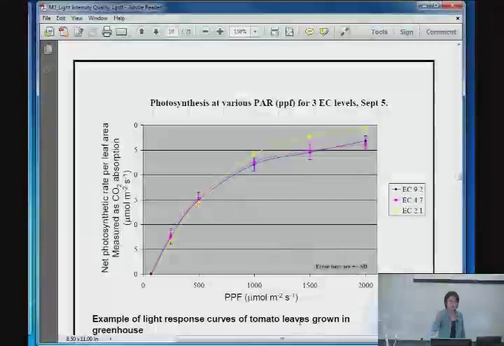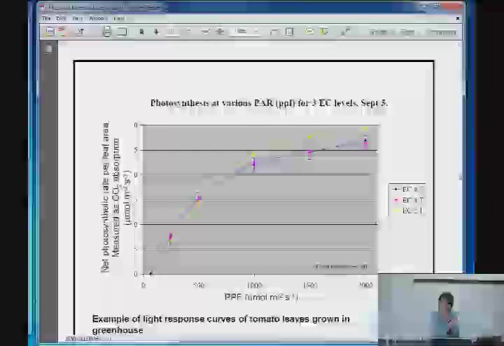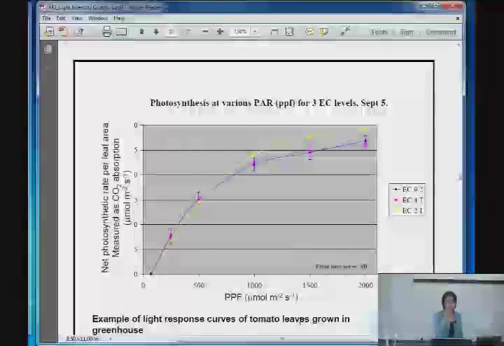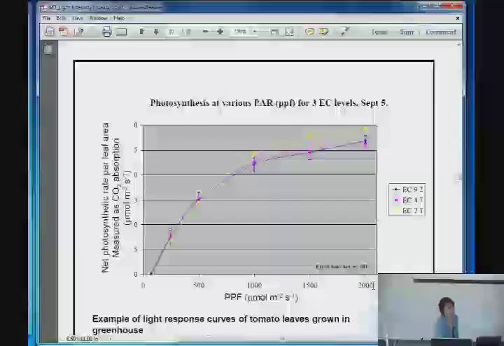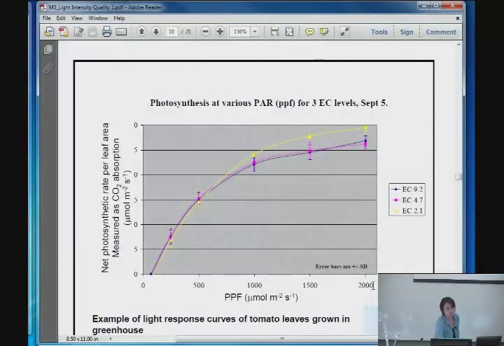When you first saw this kind of graph earlier, before you took this lecture, you probably didn't pay attention to the unit, right? Now, look at the unit. It's shown up to 2,000 micromoles, okay? So in summertime at midday, we get this light level, a little bit beyond 2,000 micromoles per square meter per second, PPF, midsummer day, okay?